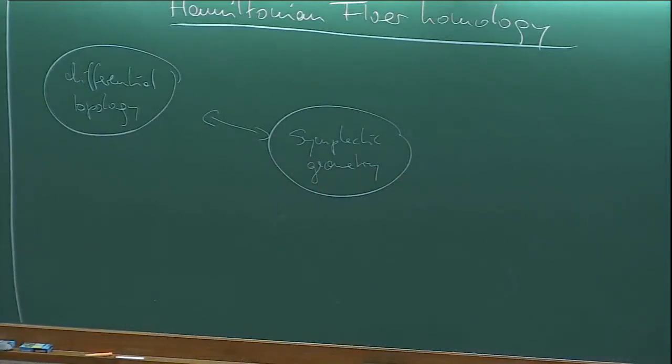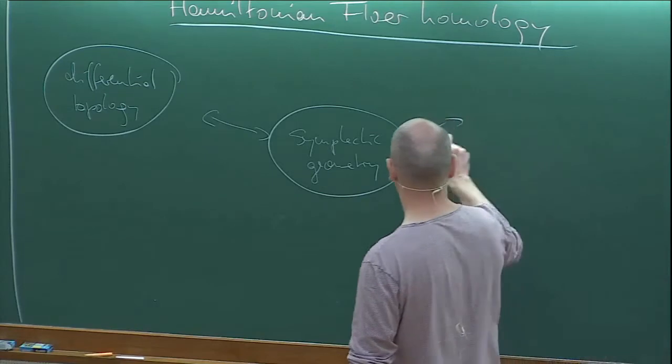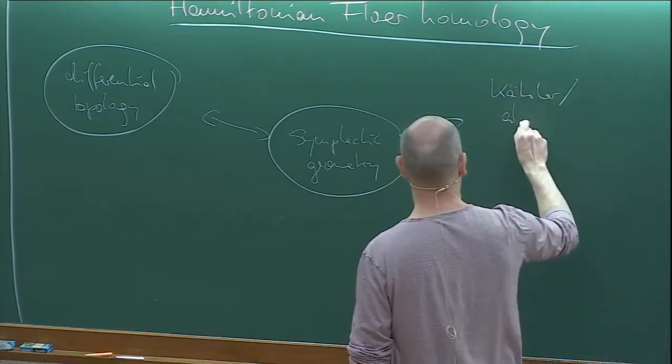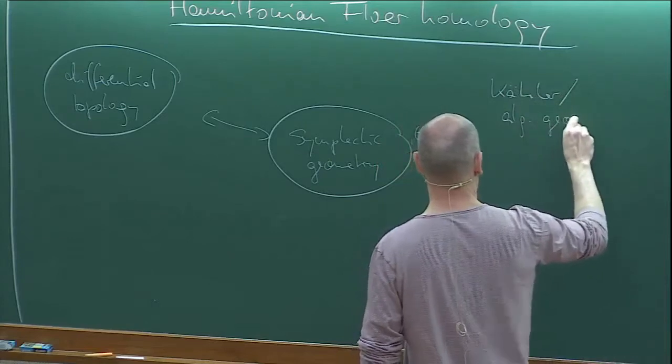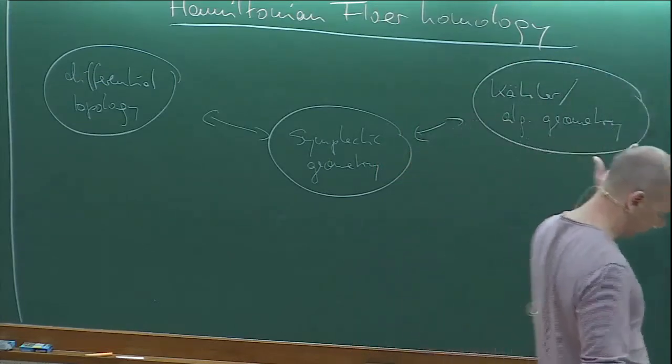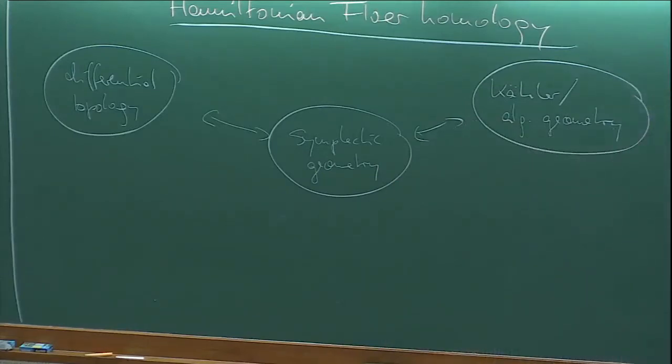And because every algebraic variety over C or every Kähler manifold naturally comes with a symplectic form, it's also connected to Kähler and algebraic geometry, and to the theory of Gromov-Witten invariants, and also to some aspects of quantum physics.